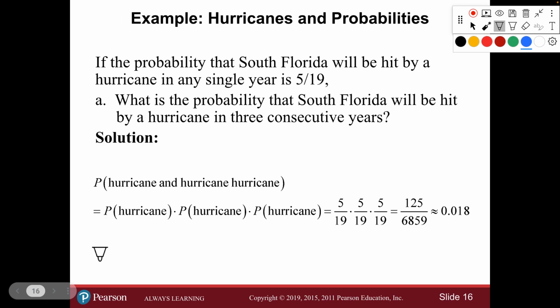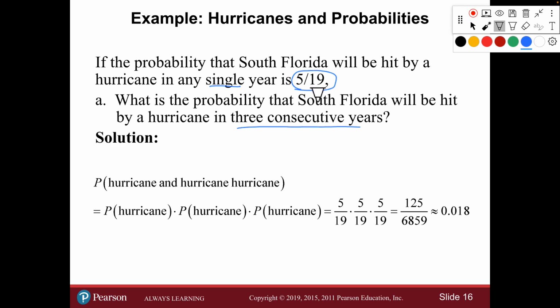Okay, probability of getting a hurricane. Data tells us there's a 5/19 chance in any given single year, and I guess it's independent. Each year is a new situation. So in South Florida, what's the probability that you'll get a hurricane 3 years in a row?